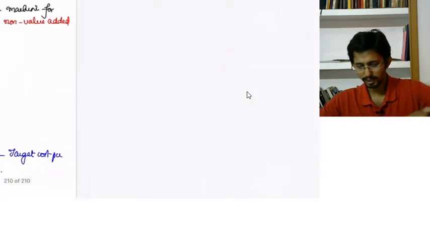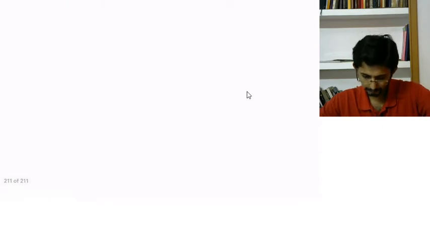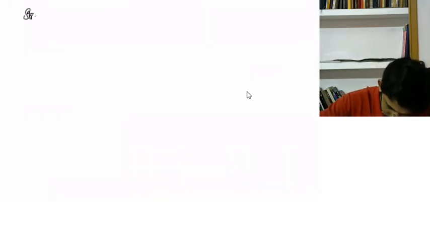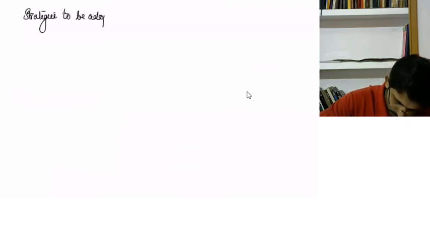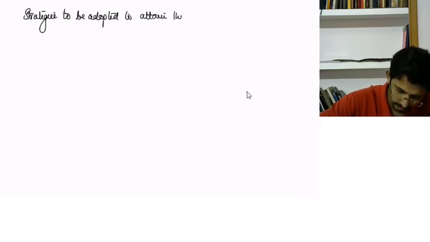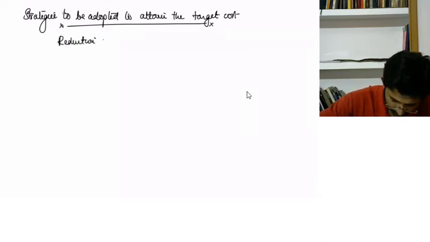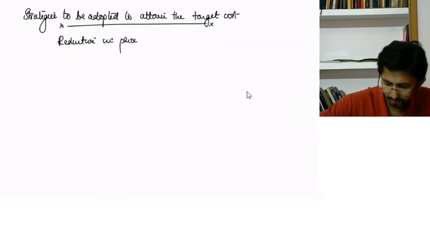Now what is the next part? You need to suggest the strategies to be adopted to attain the target cost. Reduction in price, not in price, the cost.